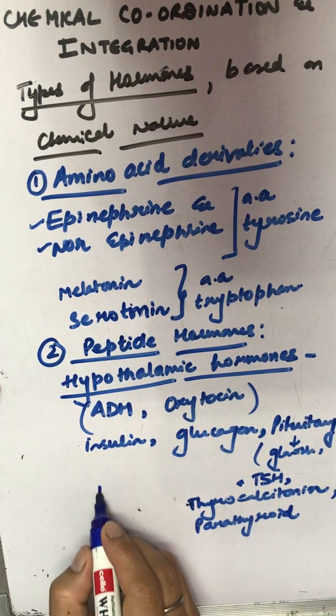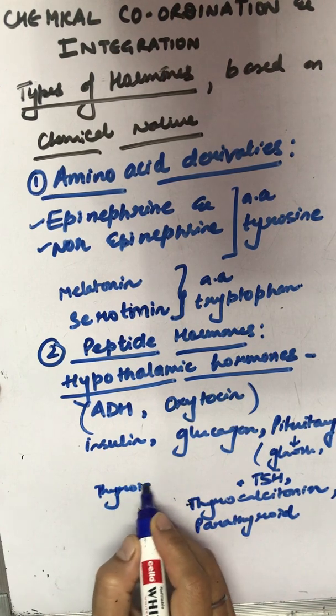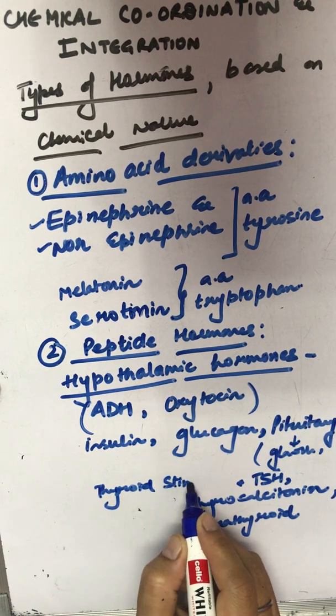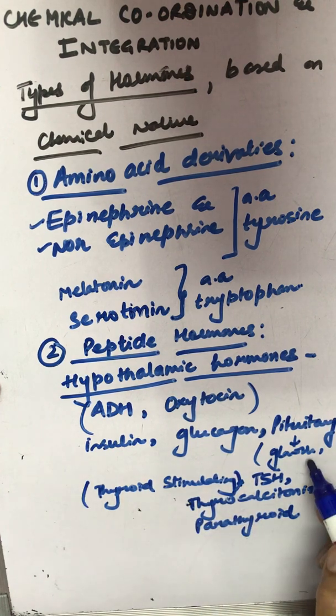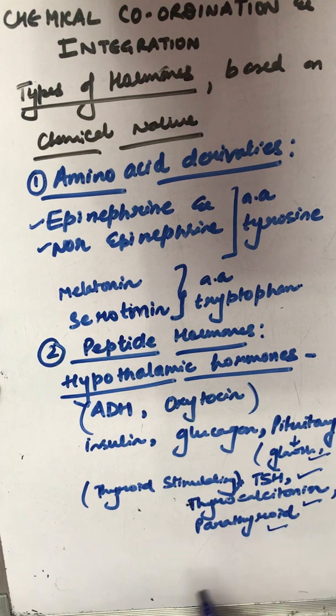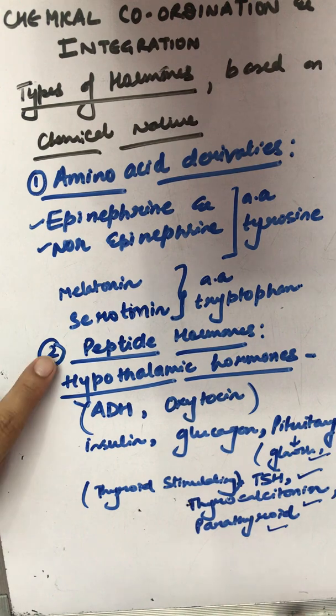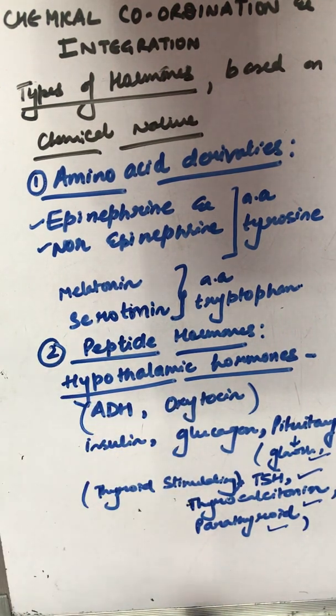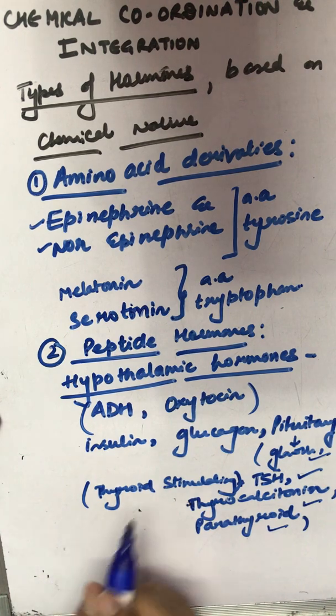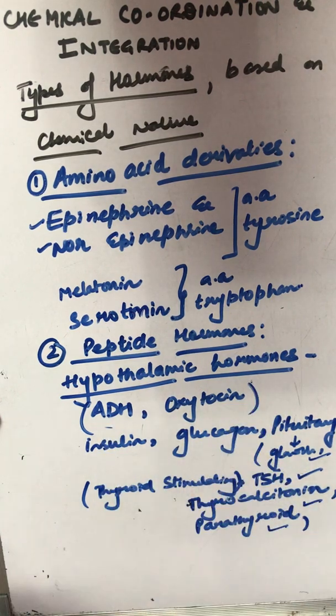TSH is thyroid stimulating hormone. Okay, so growth hormone, thyroid stimulating hormone, thyrocalcitonin and parathyroid, these four belong to this category of peptide hormones or protein hormones, along with ADH and oxytocin, because these are hypothalamic hormones.